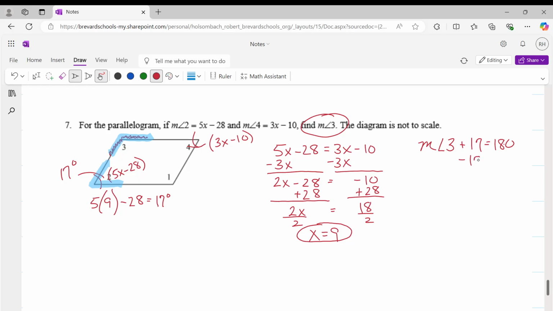Subtract 17 from each side. And the measure of angle 3 is equal to 163 degrees.